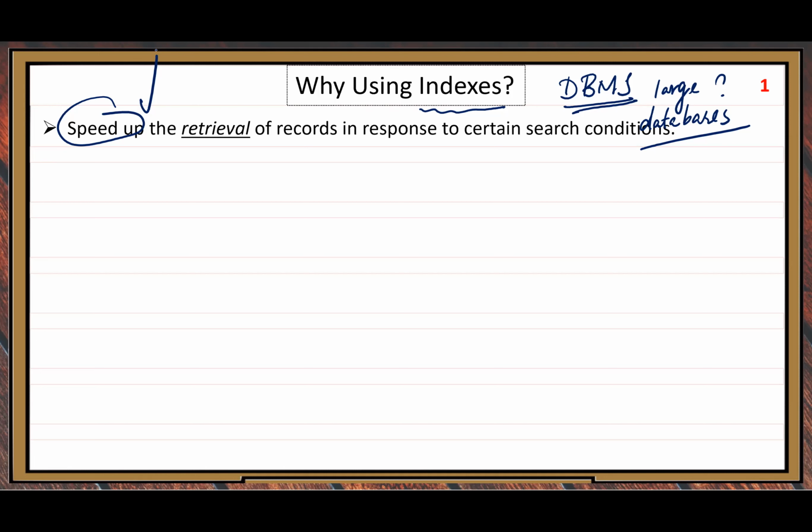Let me recall a little bit of the algorithm background. In algorithms, we learn search operations, and here we need to apply that knowledge. Let me review a little bit. Commonly used search algorithms: the first one, linear search.